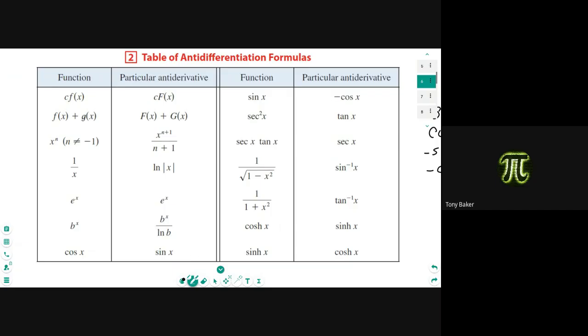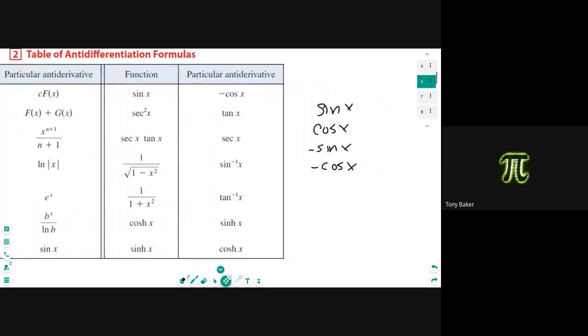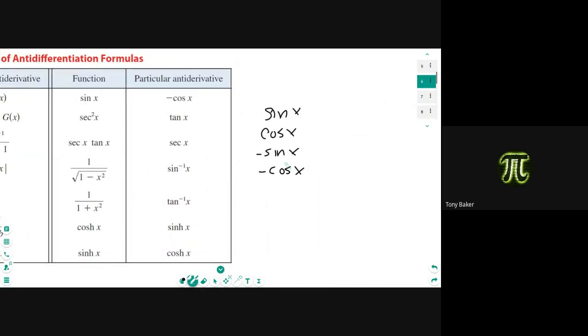Cosine becomes sine. Sine becomes negative cosine. It's going backwards. So one of the things that's really confusing is this. In derivatives, we have sine of x goes to cosine of x, goes to negative sine of x, goes to negative cosine of x, and then it goes back, right?